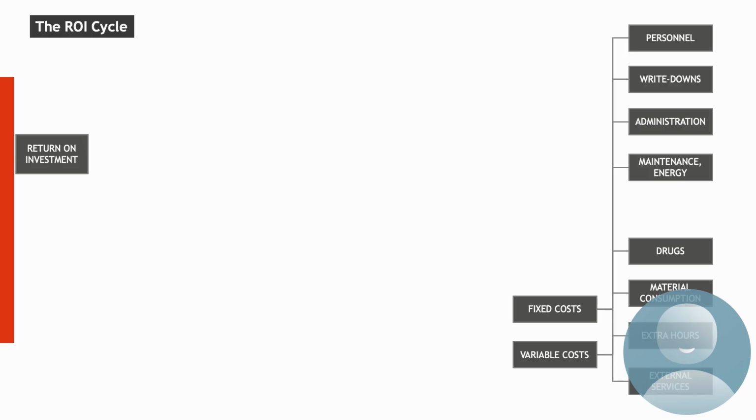So you can actually trace some of these costs directly to individual patients. And that way, you will have 4 different cost categories. You will have variable direct and variable indirect costs. You will have fixed direct and fixed indirect costs. So just keep that in mind.